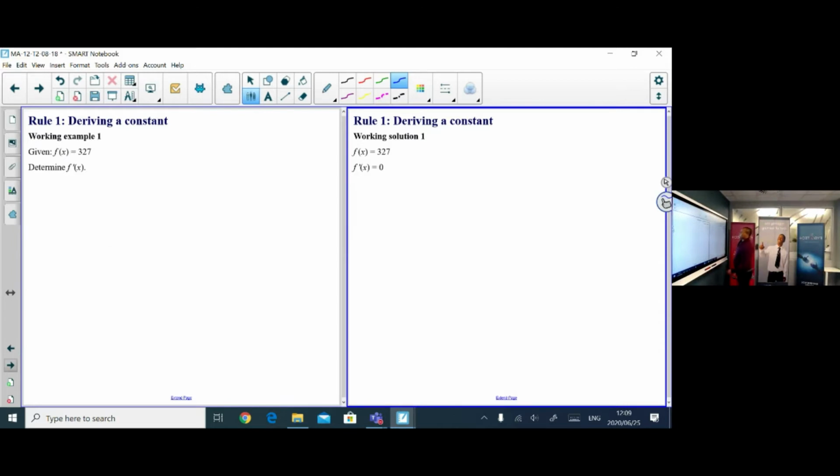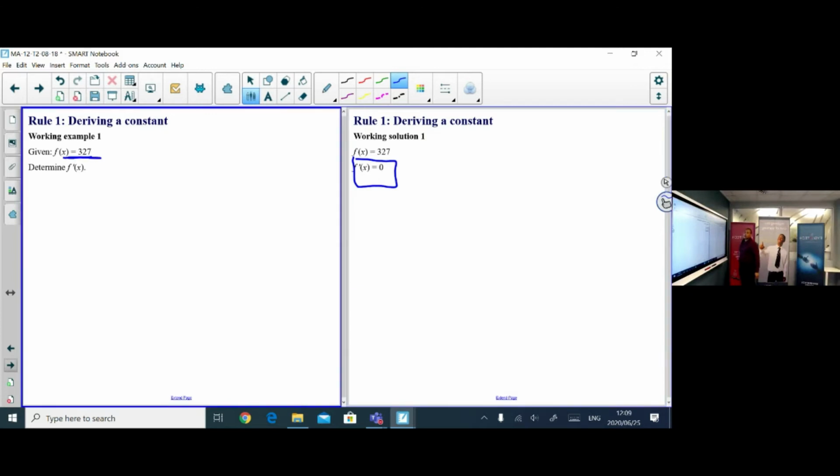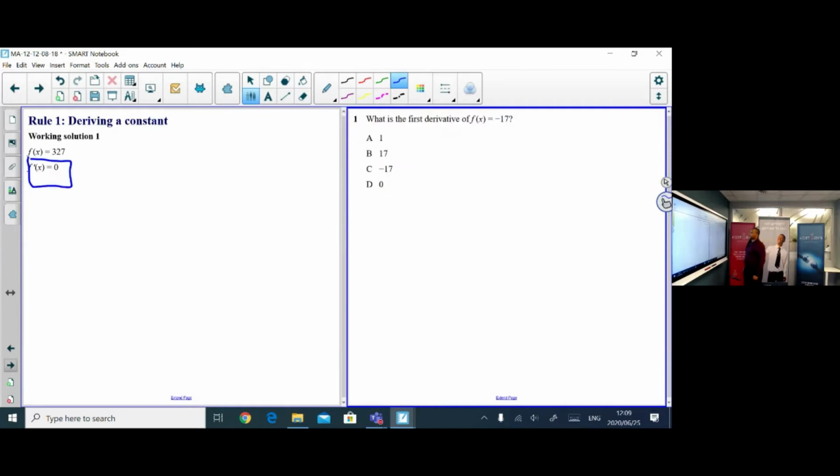Yes, it gives you 0 for f of x prime, because this is a constant. There is no x in this constant 2, 3, 2, 7. So you simply differentiate it and it gives you 0, because the gradient will be 0.